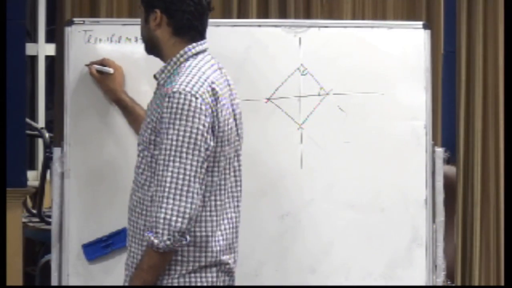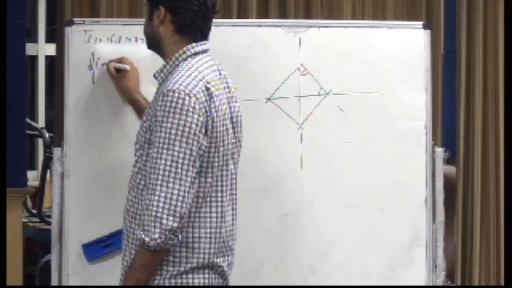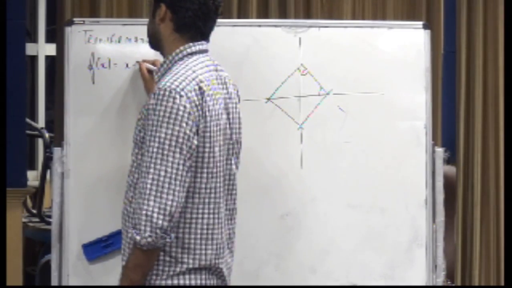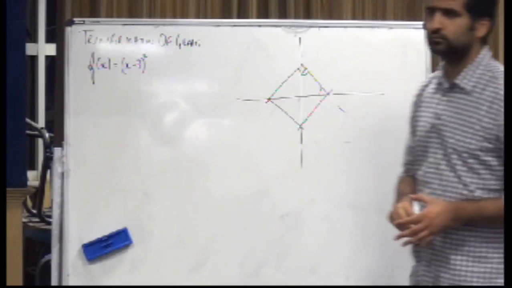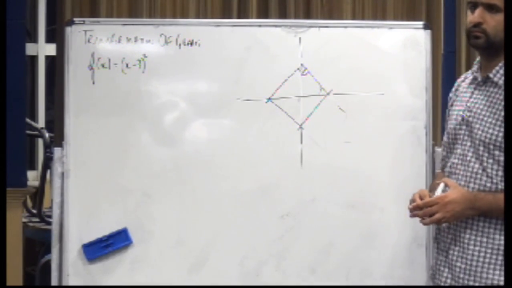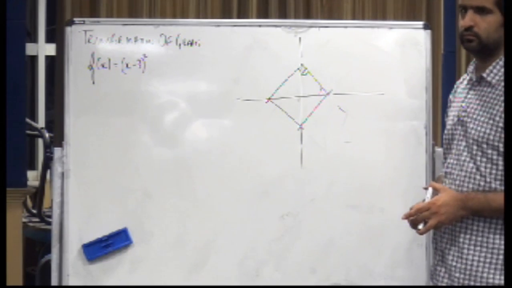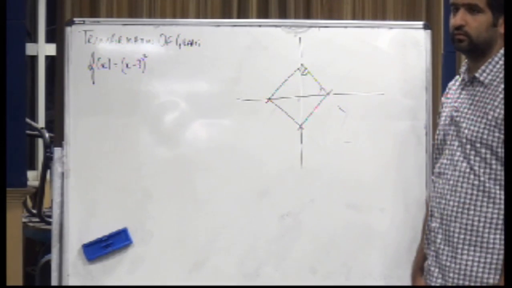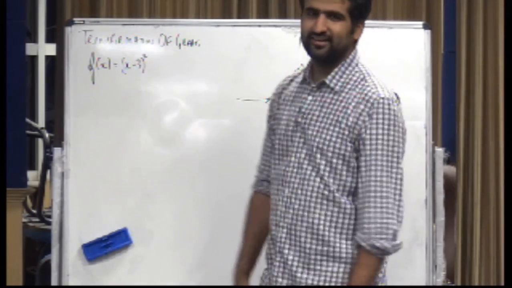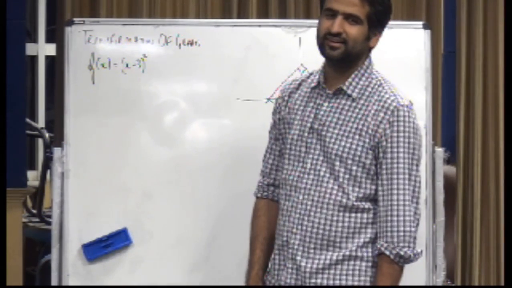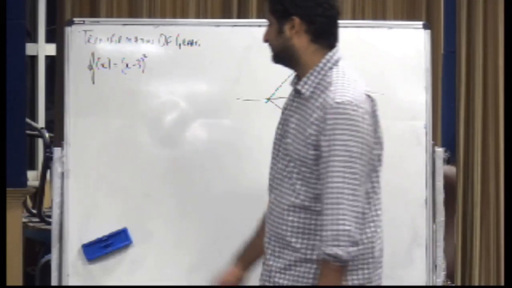Let's suppose we are getting f of x is equal to x minus 3 whole square. Can you make this graph?